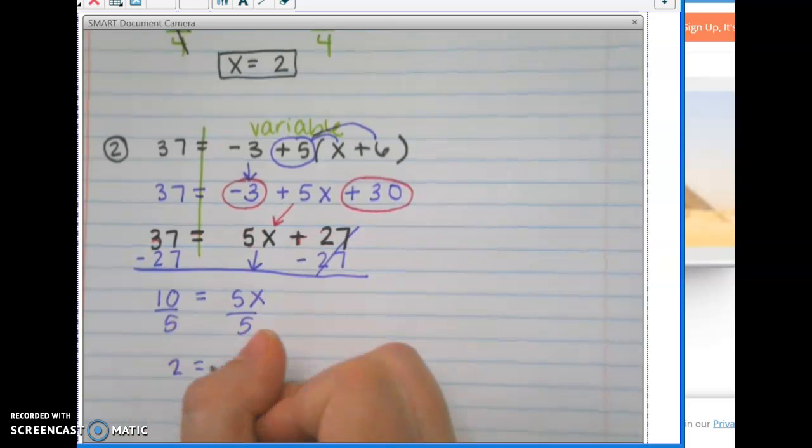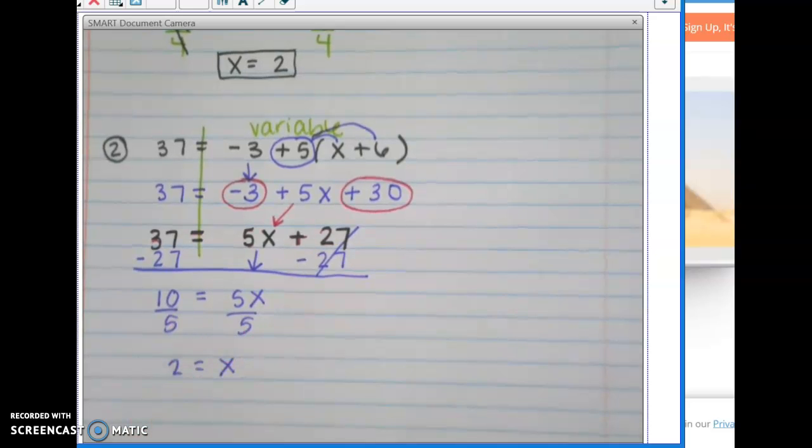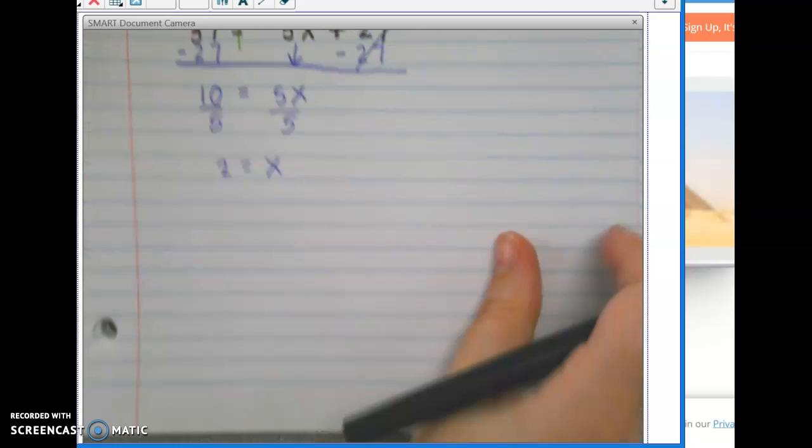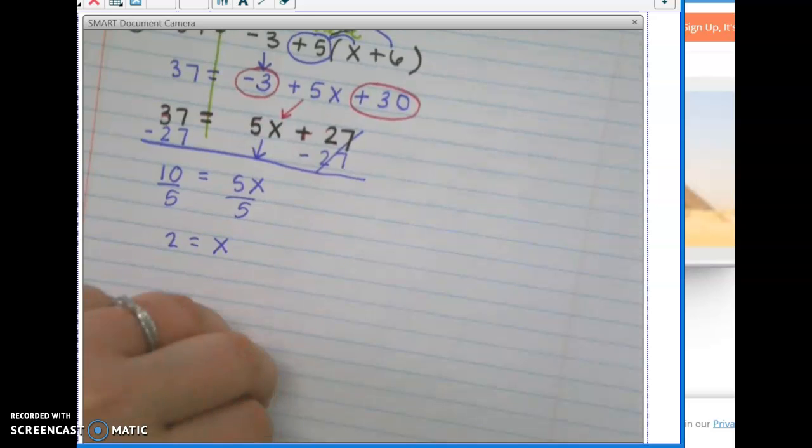So 10 divided by 5 is 2. All right, let's do another one. I'm going to switch to a new page so I have lots of room.